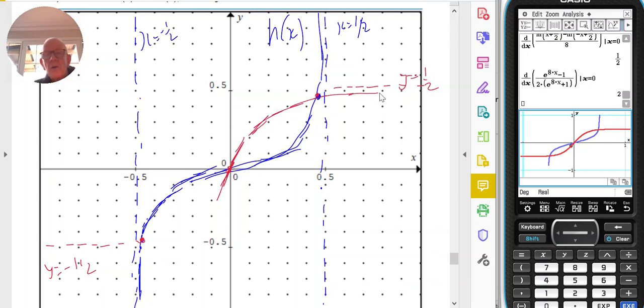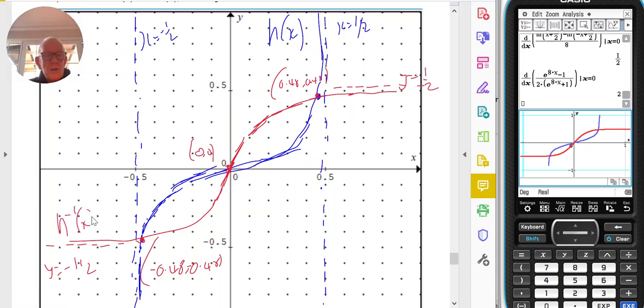It looks like this, and like this, and that's going to be at negative 0.48, negative 0.48. That's going to be 0.48, 0.48. That's going to be at 0, 0. And that's going to be the inverse of h. Asymptotes labelled, intersection points labelled. Okay, that's good.